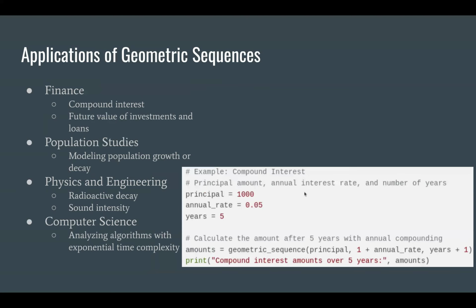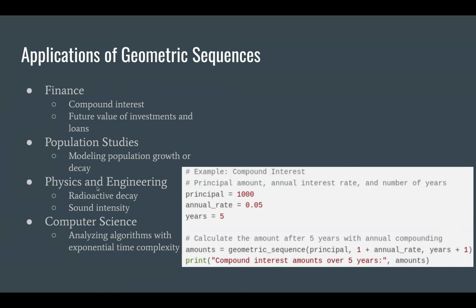Applications of geometric sequences. In finance, they are used to calculate compound interest, where the amount of interest grows exponentially over time. They are also useful in determining the future value of investments and loans. In population studies, geometric sequences help model population growth or decay, where the population size changes exponentially over time.